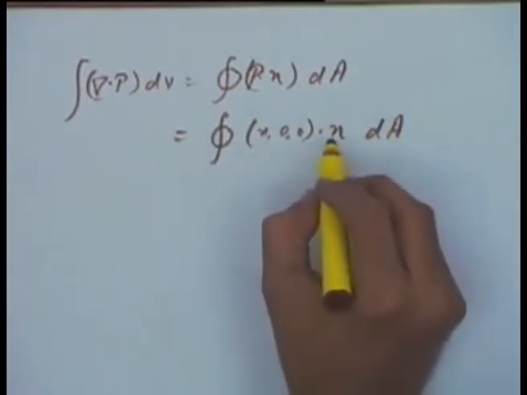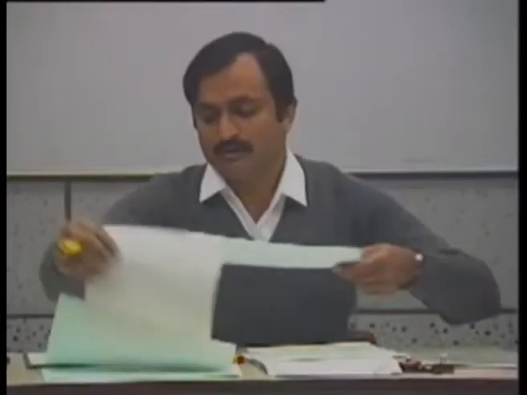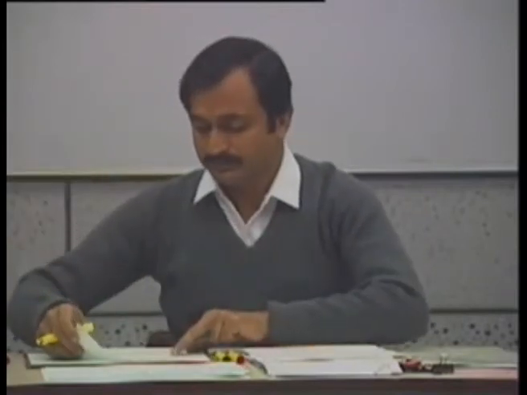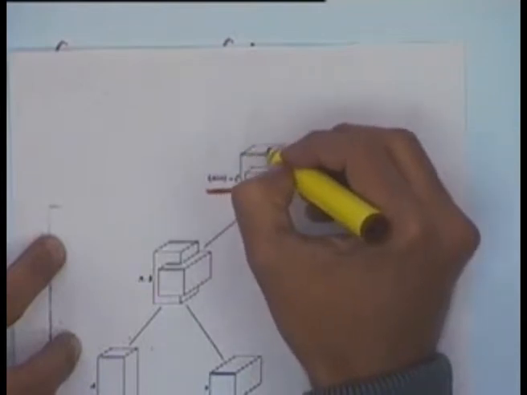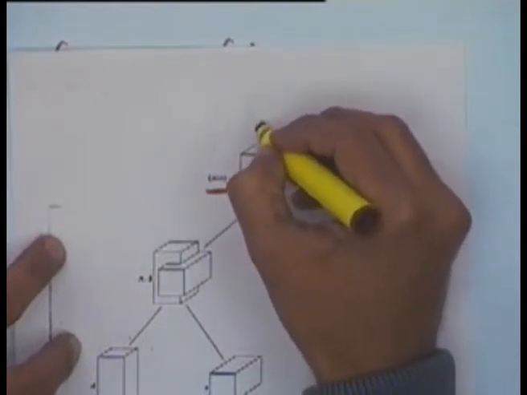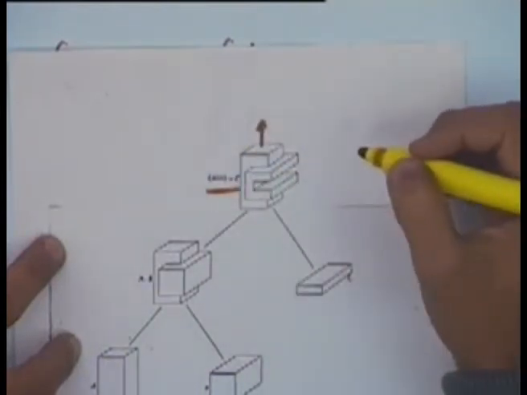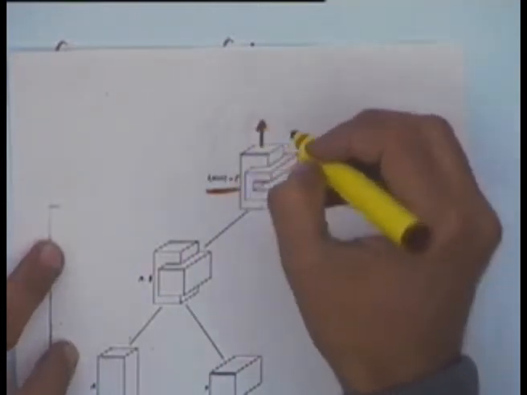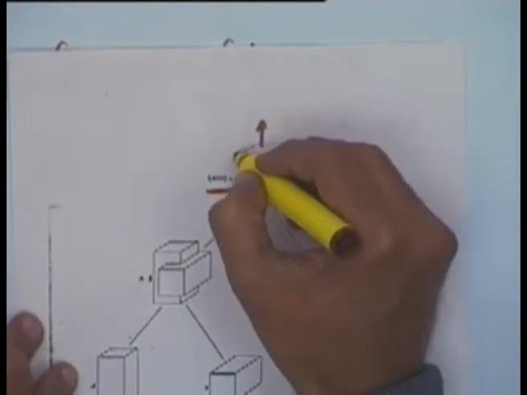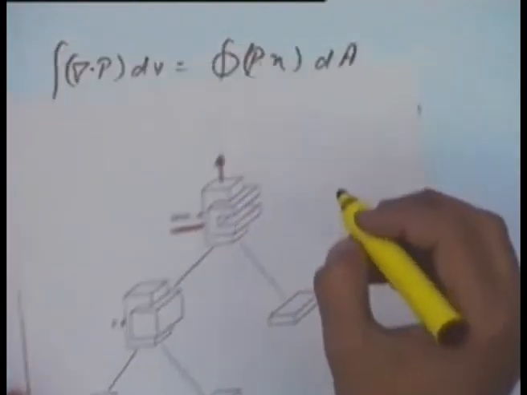This means that if I have any boundary or any solid, at each of the surfaces I can find out the direction of the unit normal vector. If I know n for this surface, I can get an expression for this integral.